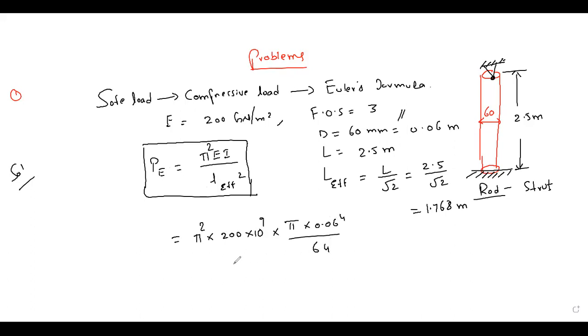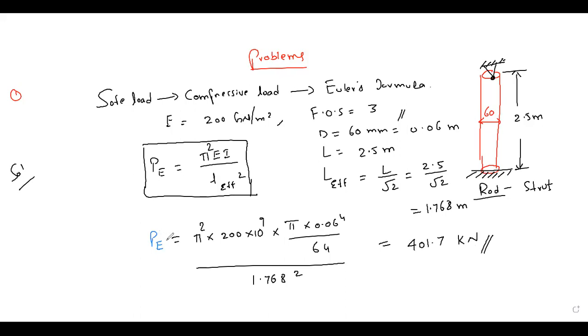Very good. By effective length 1.768 square. What is the answer? See if you have calculators, please check your answers. The answer is 401.7 kilonewton. So this is your crippling load or buckling load.